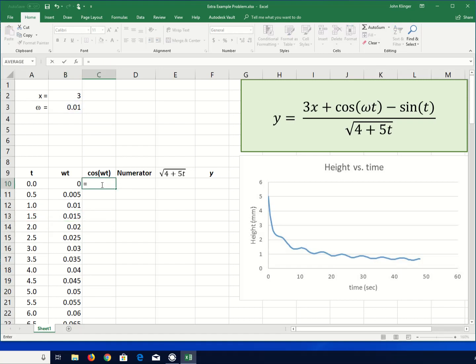So now let's look at writing our cosine function. Here we have cosine omega t, so it's omega t, which is this value here. And notice I didn't make it absolute, I just made it relative, because I'm always going to be taking that value. And the cosine of 0 is 1.